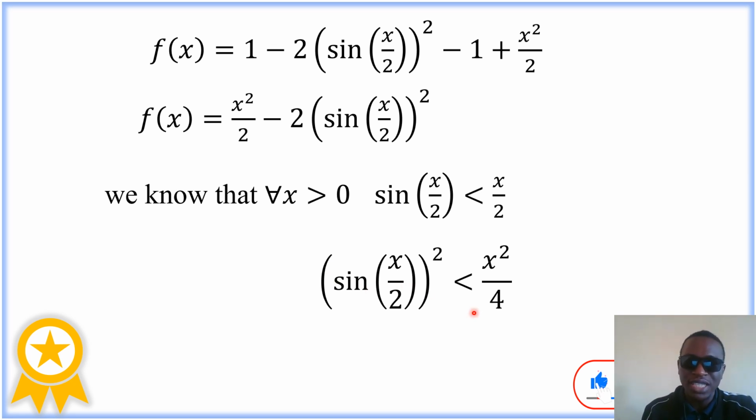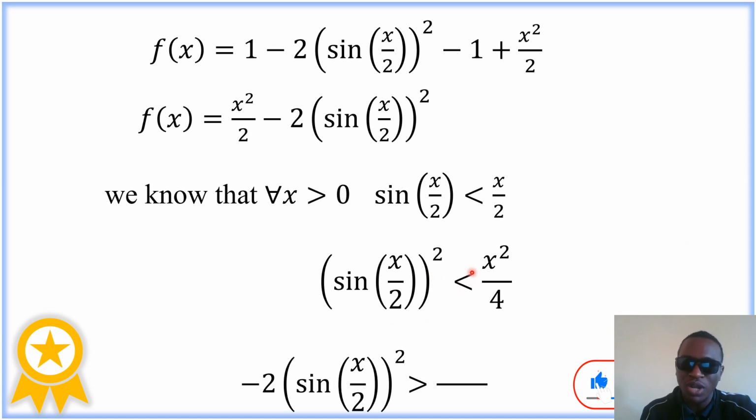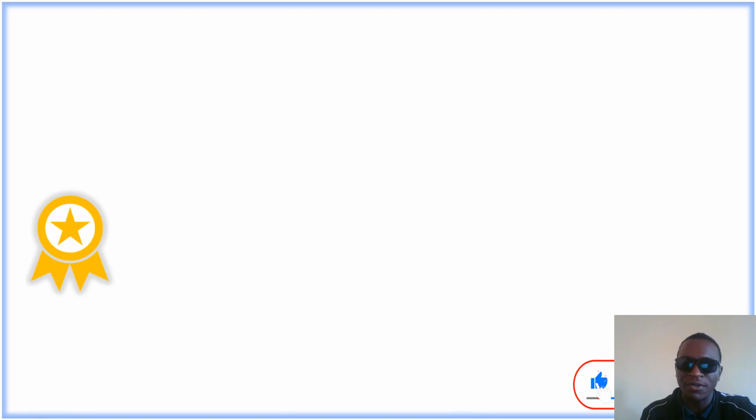So instead of having less than, the inequality sign now will reverse to strictly greater than. So we multiply both sides by negative 2. Negative 2 will cancel here and you'll be left with just negative there, and then the 2 will cancel with this 4, 2 into 4 is 2 times now.